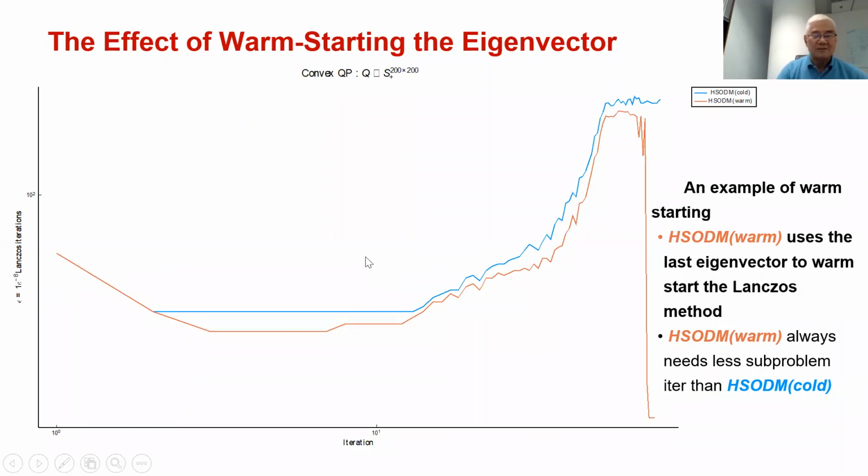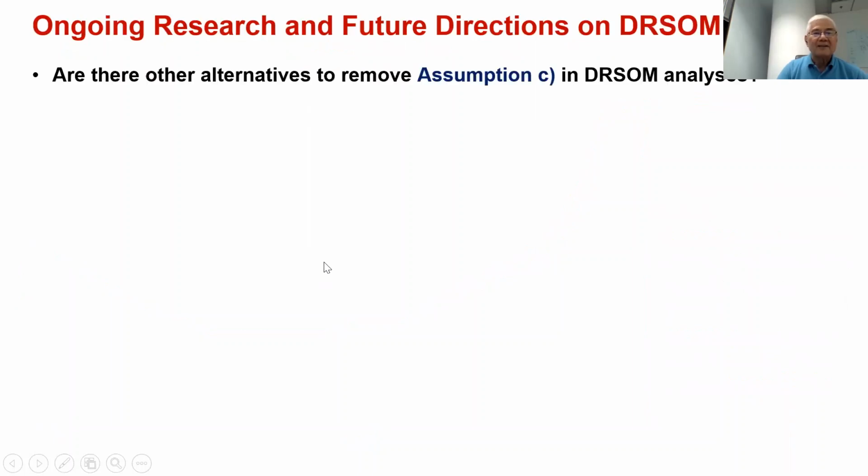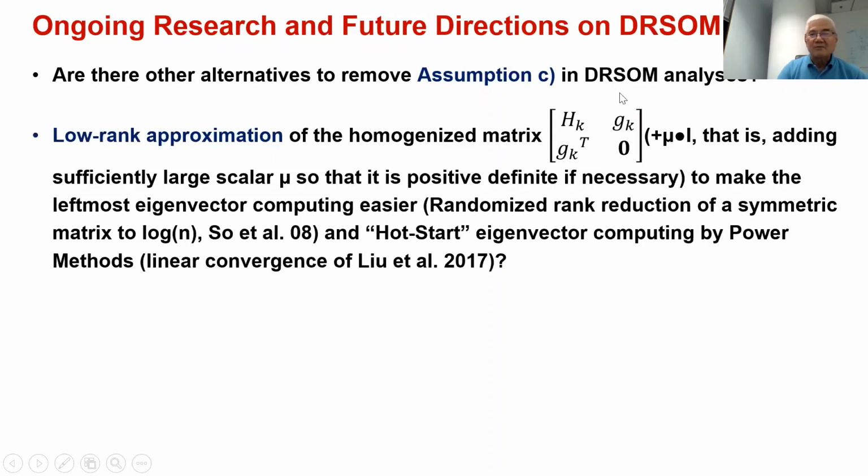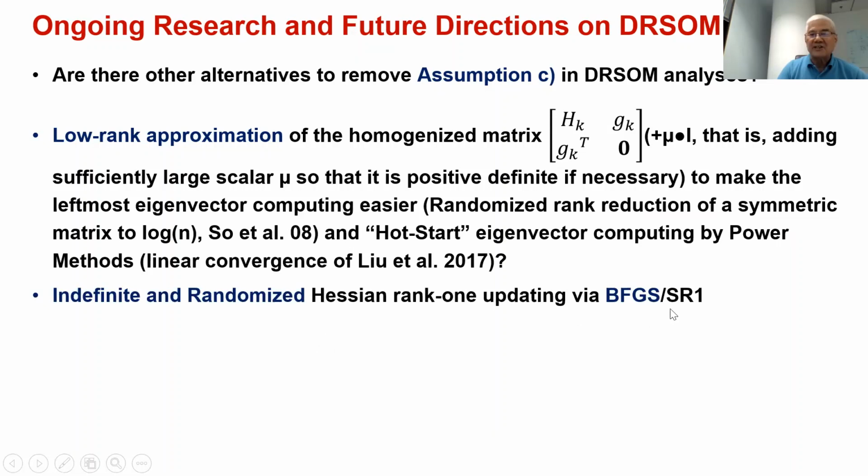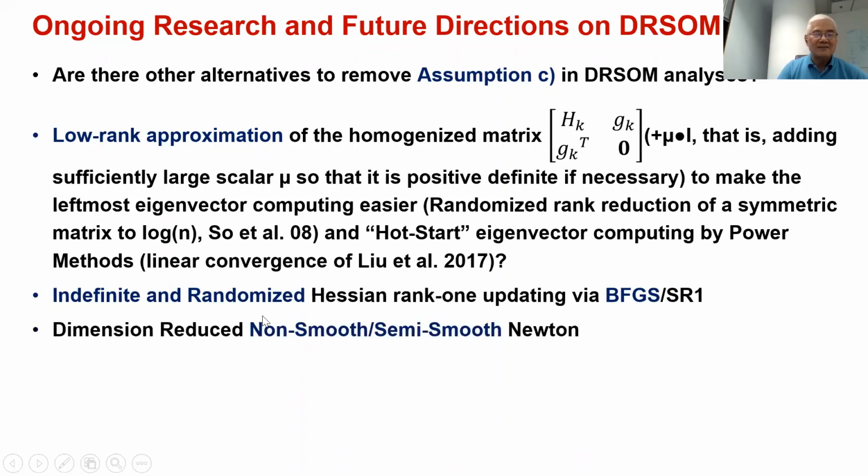You can use a so-called Kaczmarz warm start method to reduce the complexity. Ongoing work includes other alternatives to improve DR-sum, basically using low rank matrices and finding the eigenvector faster, or exploiting low rank structure of Hk. If Hk comes from BFGS or SR1, you can do those things.